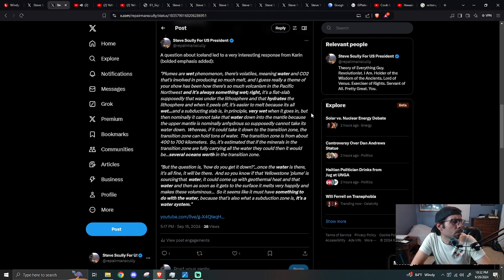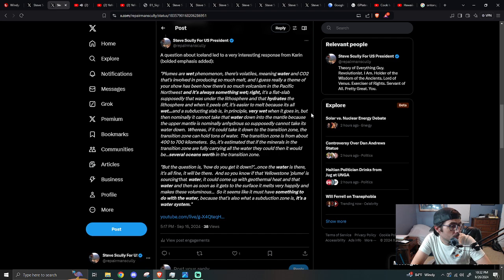Whereas if it could take it down, the transition zone can hold tons of water. The transition zone is from about 400 to 700 kilometers. So it's estimated that if the minerals in the transition zone are fully carrying all the water they could, it would be oceans worth, something like that. Several oceans worth of water in the transition zone. But the question is, how do you get it down?